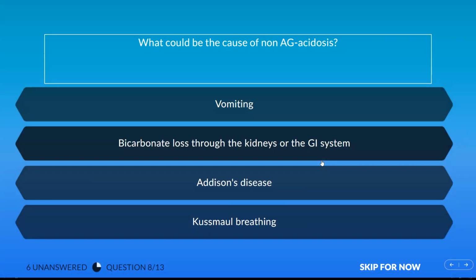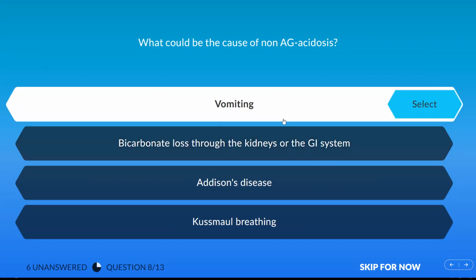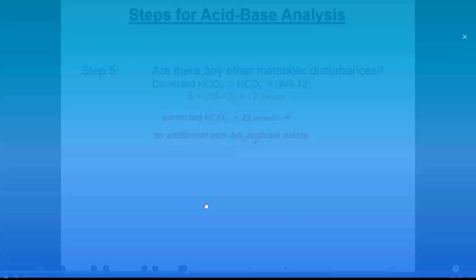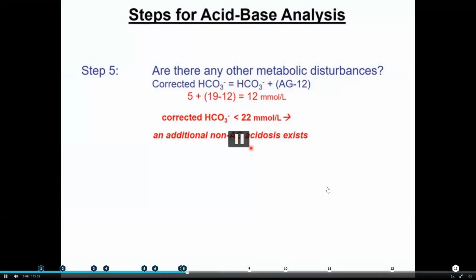Now, what could be the cause of a non-anion gap acidosis? We discussed this one. Bicarbonate loss? Yes. The vomiting is the alkalosis because you're losing acid. What is the next? How can we figure out what the cause is of the non-anion gap acidosis?